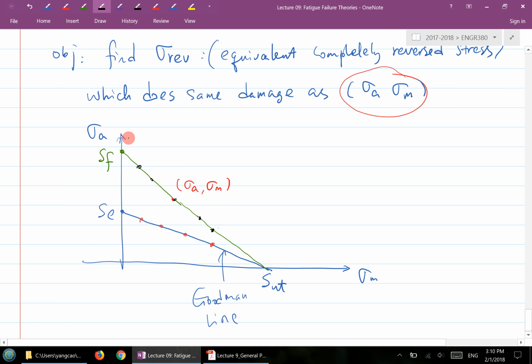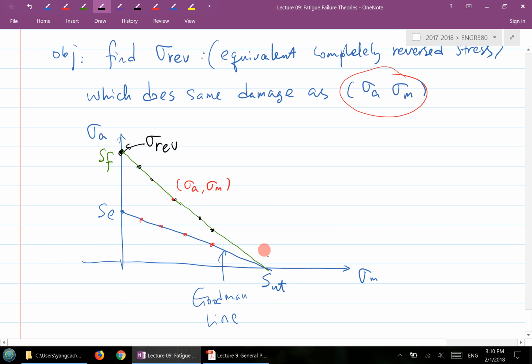The extreme here is this one, and this is the condition when sigma m equals 0, which corresponds to completely reversed loading. So this value here is the sigma ReV we're going to try to find. This completely reversed loading will cause the same damage as the pair sigma A, sigma M. So how do we find this?